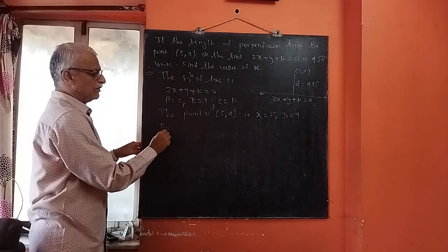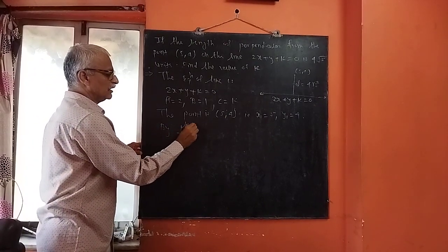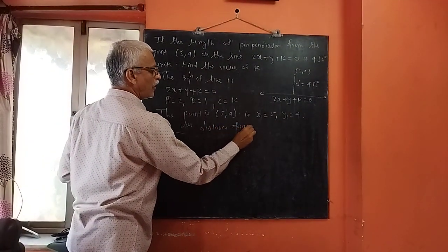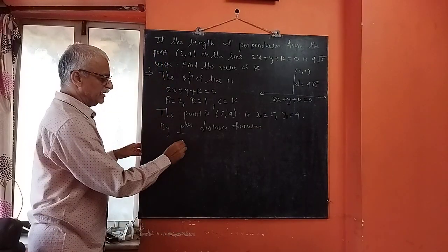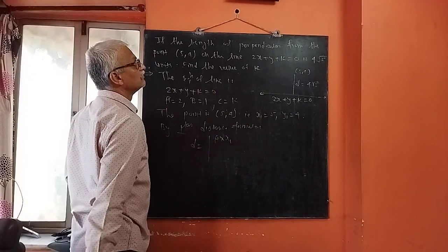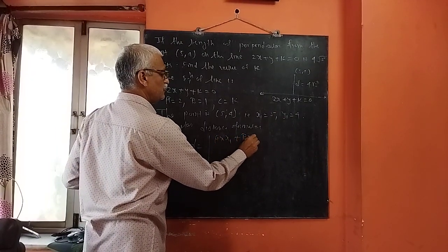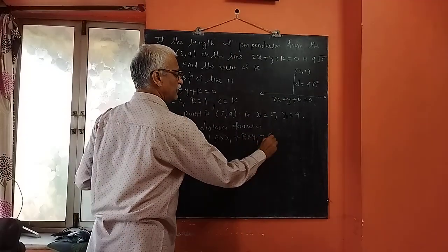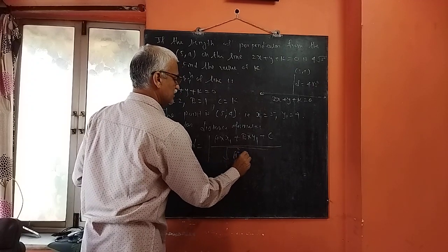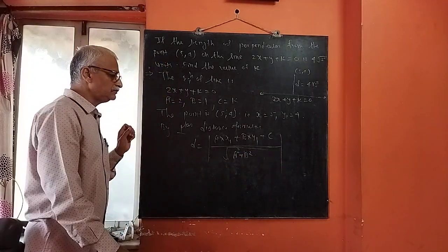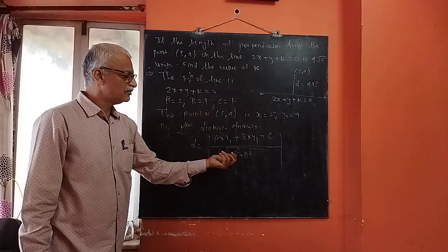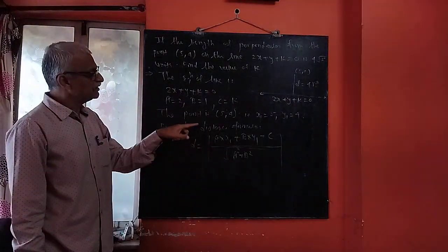Now, by perpendicular distance formula, d equals to mod of a into x1 plus b into y1 plus c divided by square root of a square plus b square. Substituting all the values here.